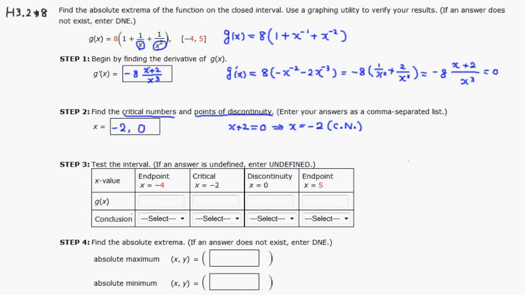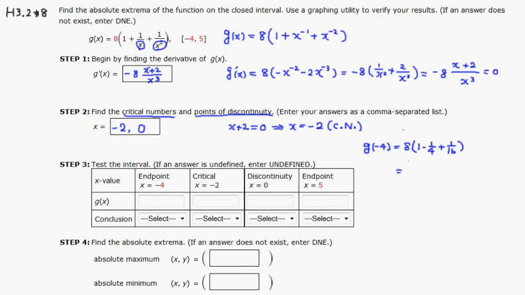So we just have to find these values. All right. So we plug in negative 4. So g of negative 4 would be 8 times, negative 4 minus 1 over 4, then 1 over 4 squared, so plus 1 over 16, right?